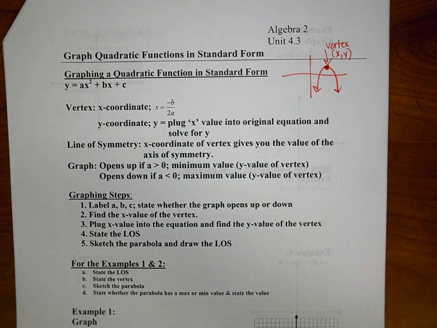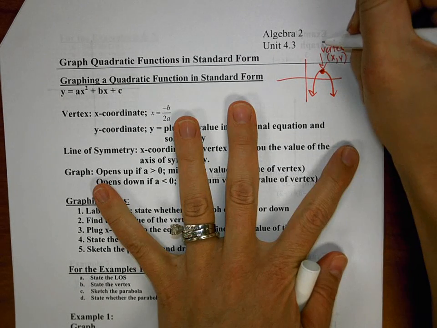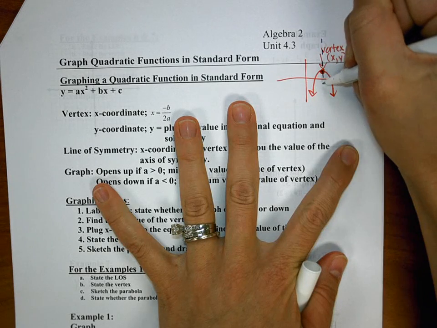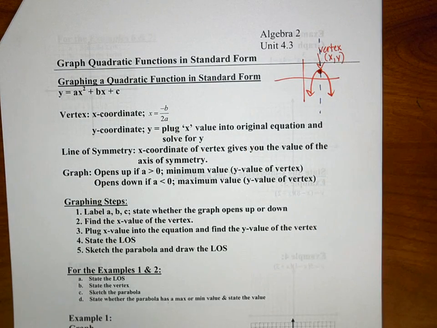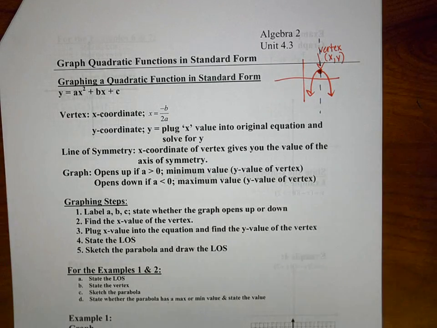Through the middle of the vertex, parabolas are symmetrical. Who remembers what symmetrical means? Same on both sides. What are some things in real life that are symmetrical? Okay, squares, butterflies, hearts, circles, stars. Very good.